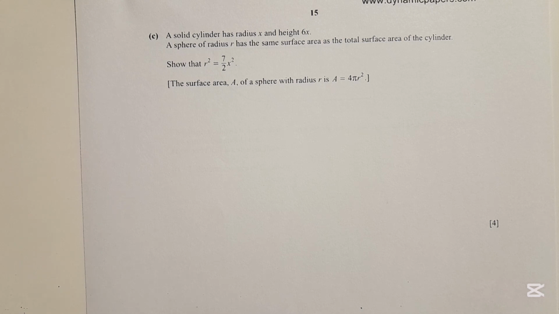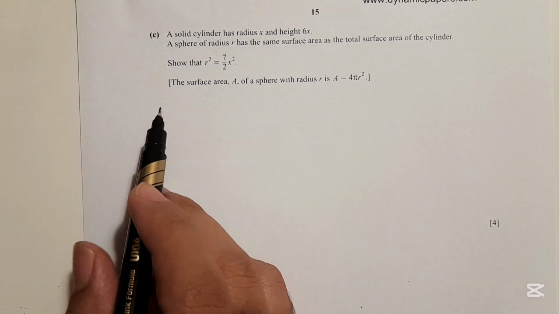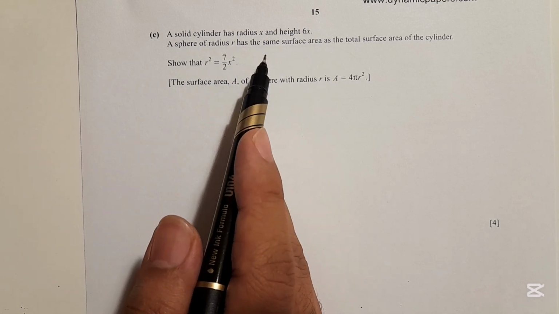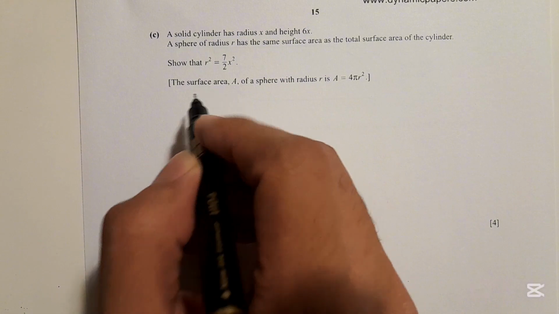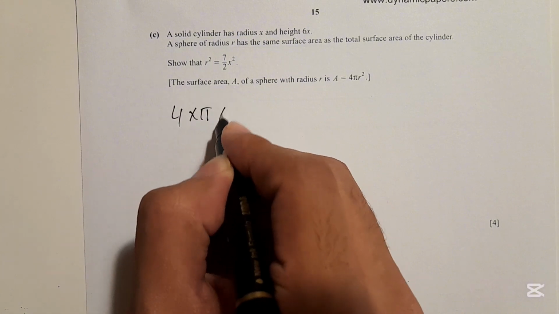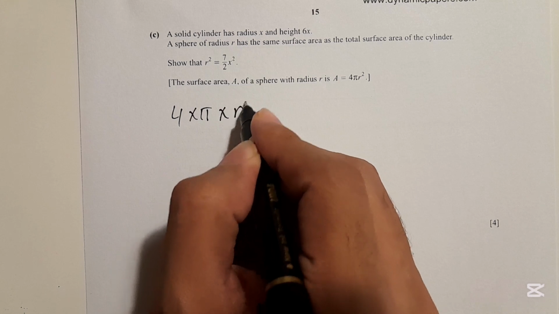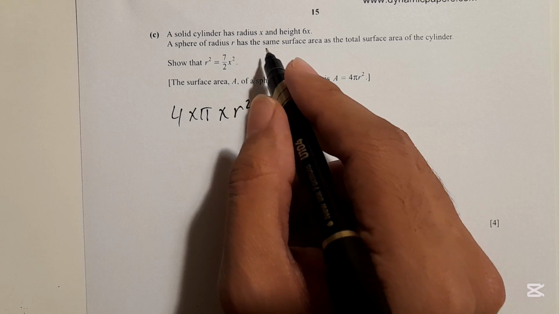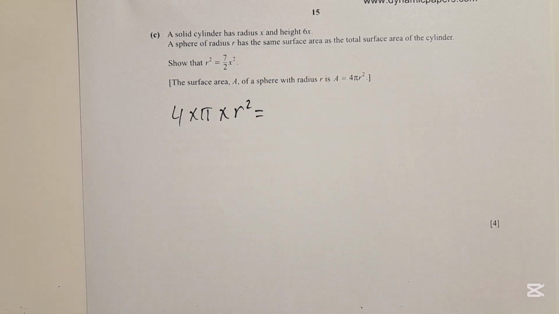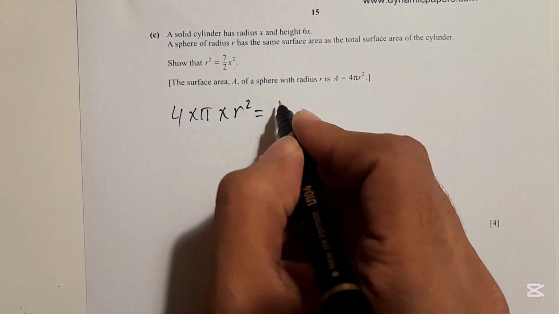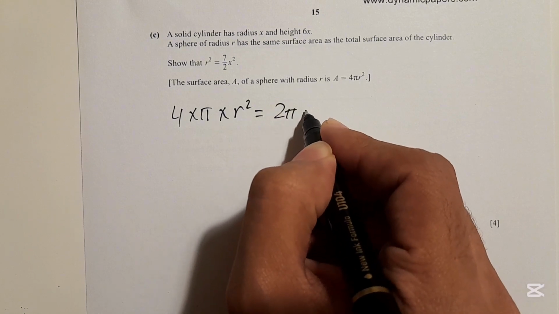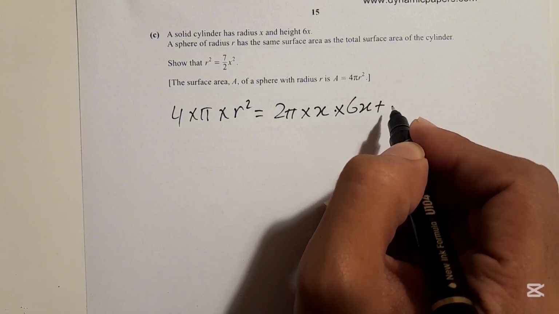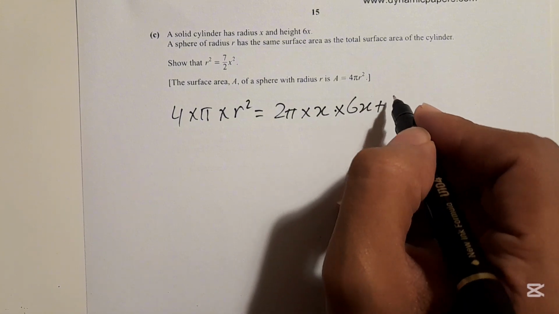So what we'll do is use the formula, and this has a total surface area. First we will use the formula for the sphere, which is 4 times pi times radius r squared, is equal to the surface area of the cylinder, which is 2 pi r times height plus 2 pi r squared.